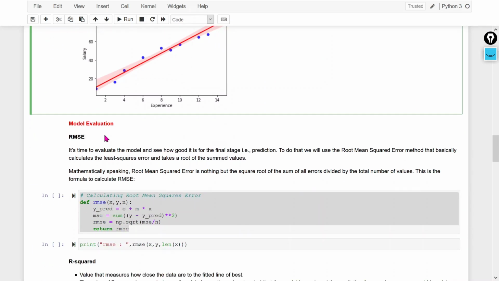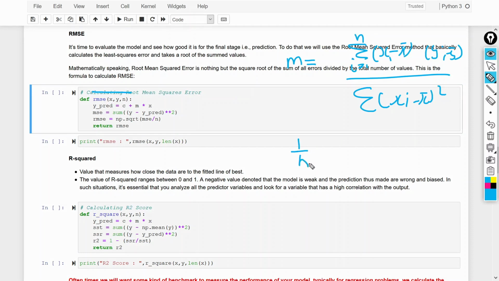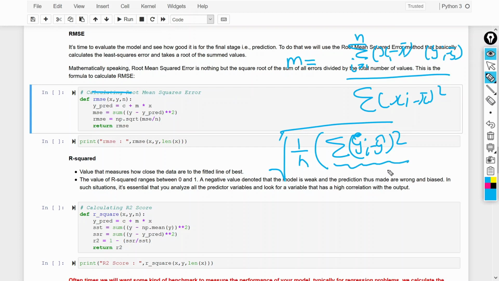Same thing. Now how can we evaluate the model? By using the root mean squared error. As we know, what is the formula of the root mean squared error? 1 by n summation of (y_i minus y_pred) whole square. This square is your error, and this will be your MSE, and the square root of the MSE will be your root mean square error.